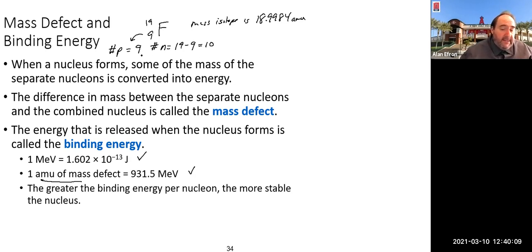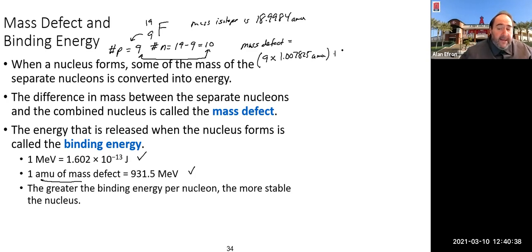And it is the difference between the mass of those 9 protons added to the mass of the 10 neutrons and the mass of the isotope that gives us what is referred to as the mass defect. So to calculate the mass defect, we take 9 protons times the mass of a proton, which is 1.007825 AMU.